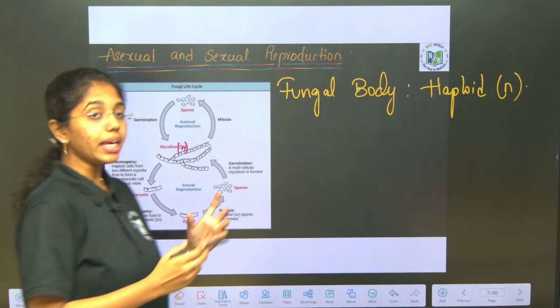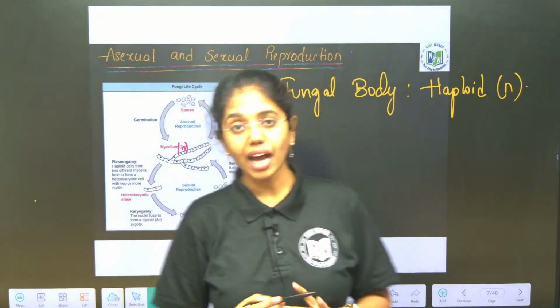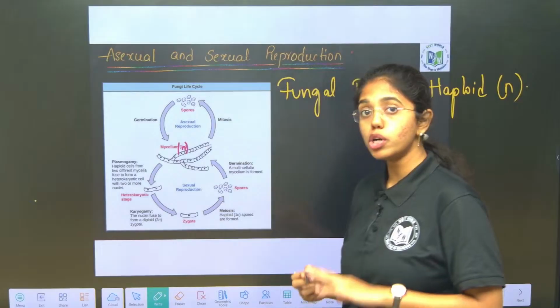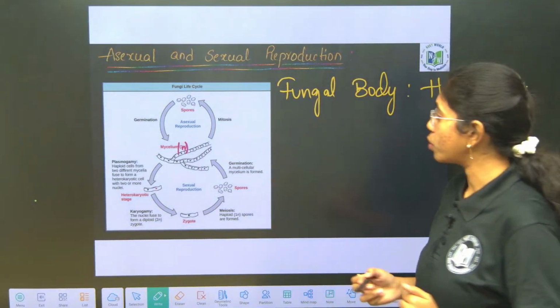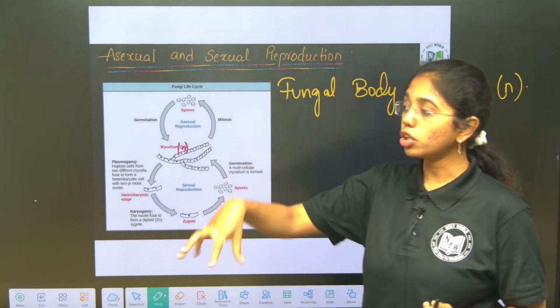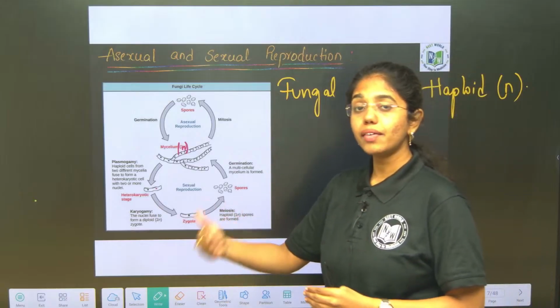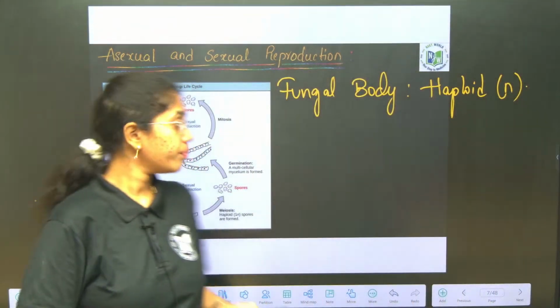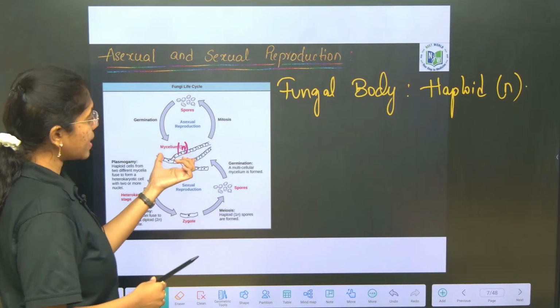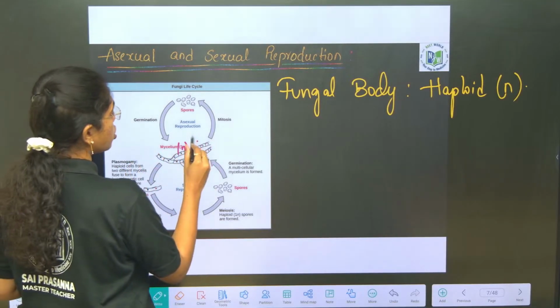Asexual spores can be aplanospores, conidia, zoospores, chlamydospores. These are what? Asexual spores. Landing onto a suitable substratum, they will develop into a new fungal body as such. So mycelium will produce asexual spores.